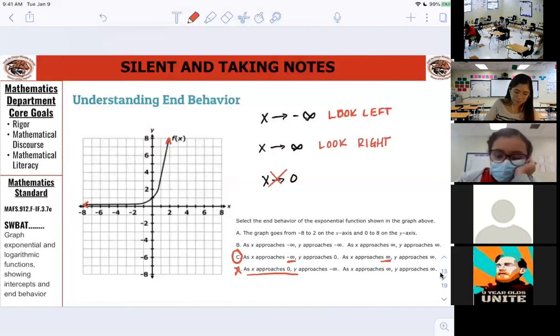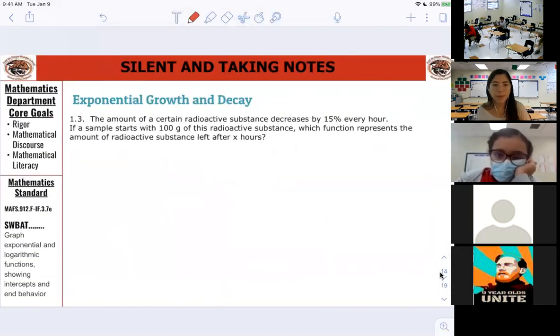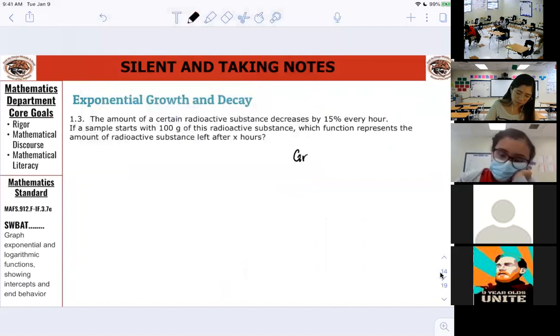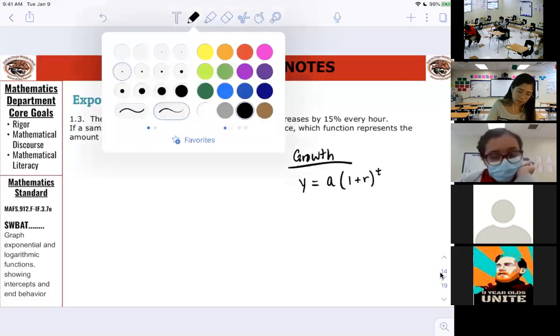All right. Finally, we have exponential growth and decay, which is basically all the same thing, but word problems. So quick reminder for growth, you can write this down. Usually it's going to be y equals a times 1 plus r to the power of t. Does anyone remember what r represents?